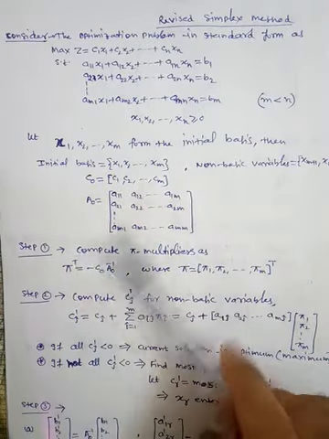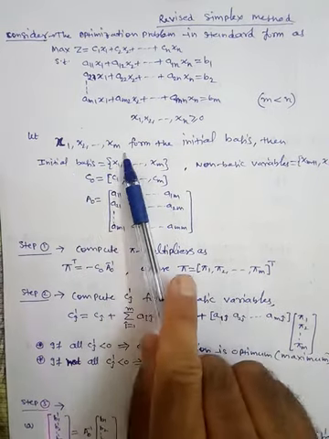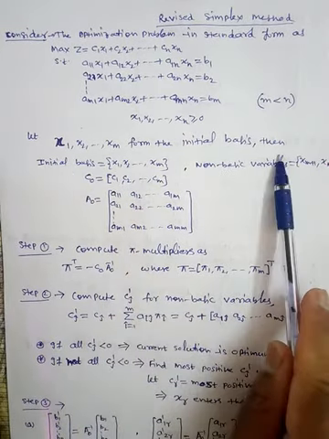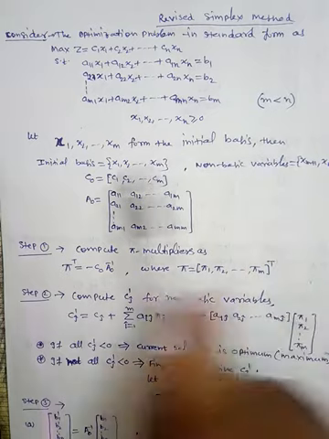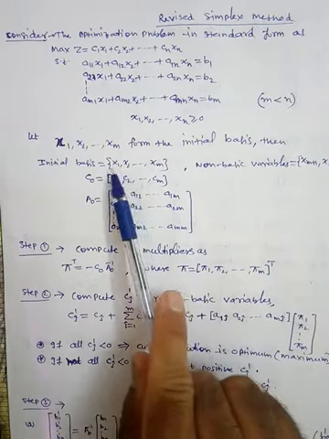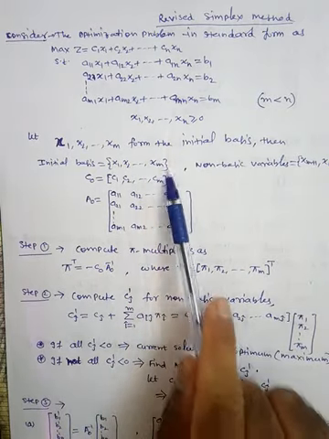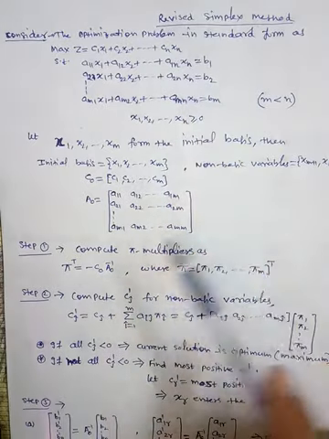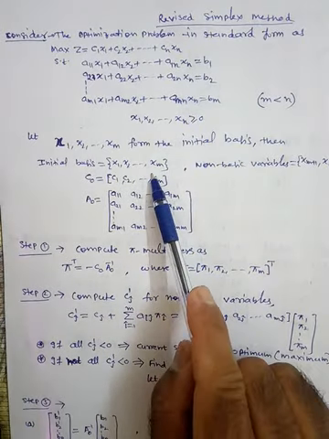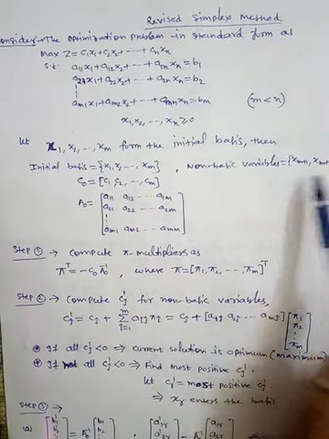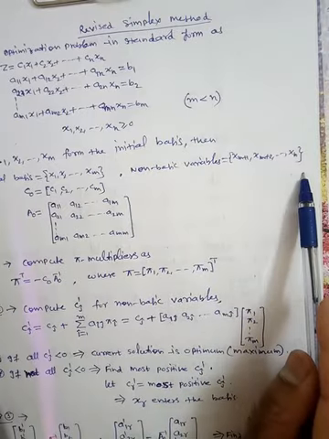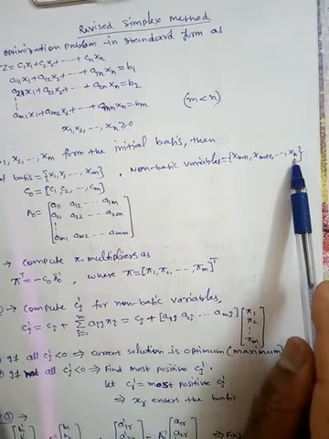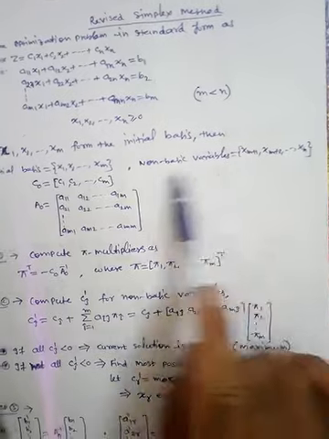Suppose initially x1, x2, ..., xm be the initial basis. They are the initial basic variables. So among these n variables, x1, x2, ..., xm are basic, and xm+1, xm+2, ..., xn are non-basic variables.